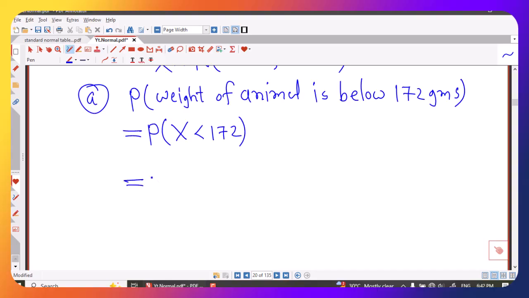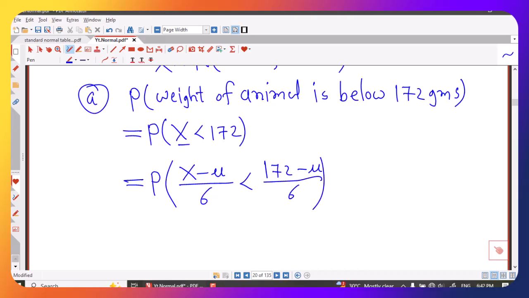And we know that we are not having table values for this normal random variable X, so we will standardize it. For that we subtract mean on both sides and we divide by sigma on both sides. So these two are equivalent statements.